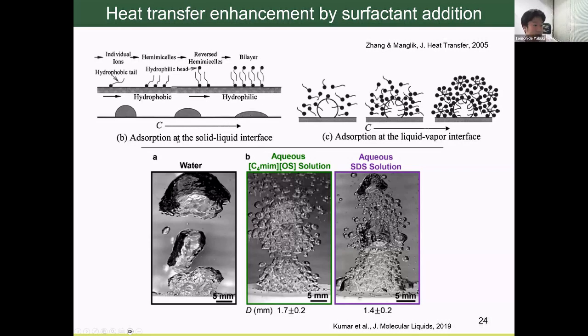Adsorption at the solid-liquid interface changes the wettability of the surface, and adsorption at the liquid-vapor interface generally reduces the surface tension. This addition of surfactants dramatically changes the boiling behavior. So this is the water case, and these two are for surfactant solutions.